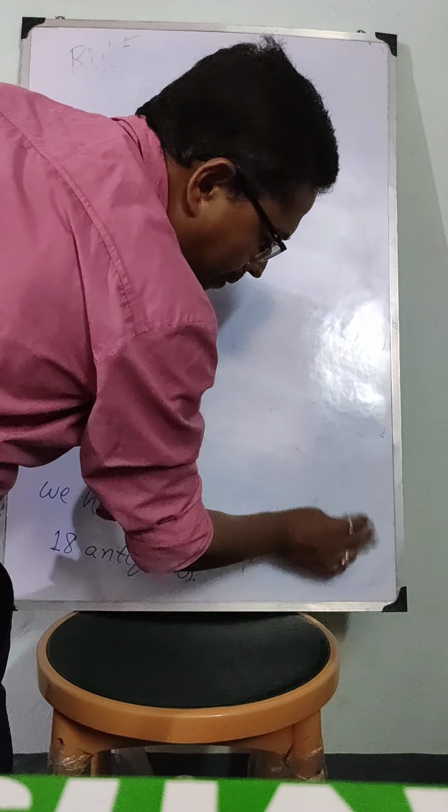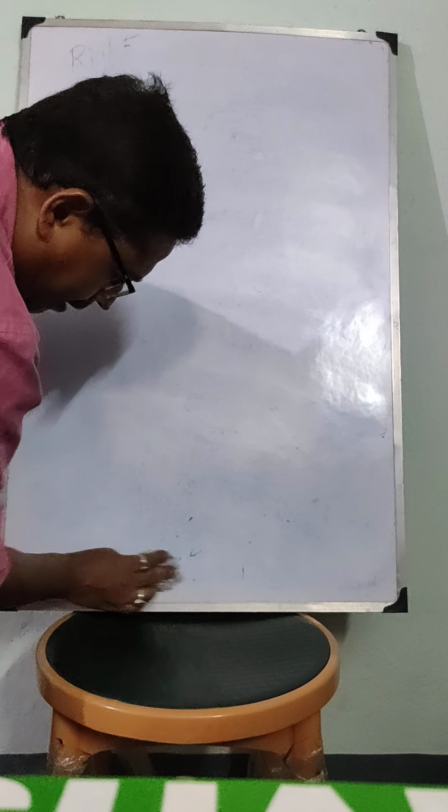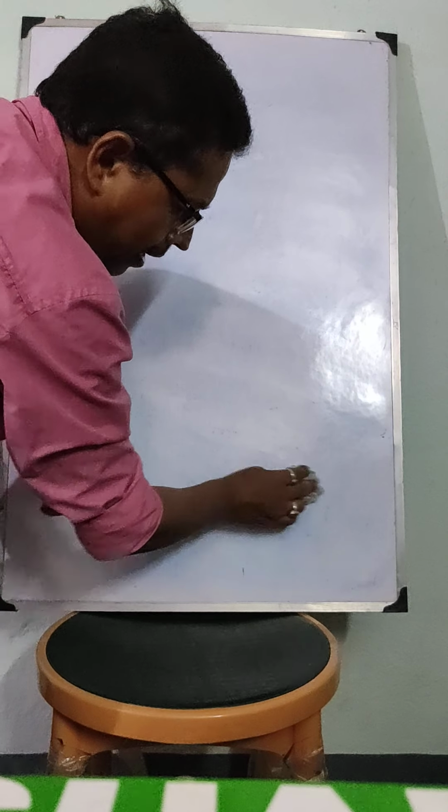We know that there are 4 kinds of fundamental forces in nature. First one is the gravitational force, second is the electromagnetic force, third is the strong force, and fourth is the weak force. We will not talk about gravitational force. So in particle physics we have mainly 3 kinds of forces: electromagnetic force, strong force, and weak force.